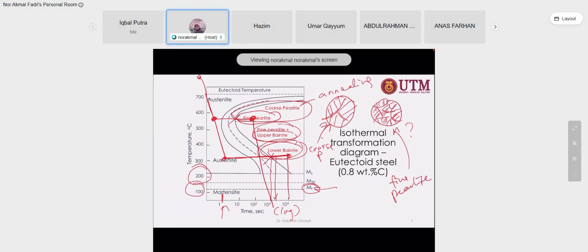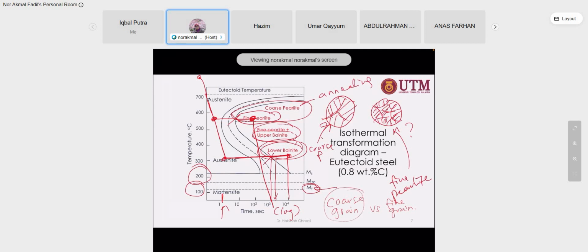If we relate to chapter 3, 4, strengthening mechanism and mechanical properties, all right, it is straightforward saying that coarse grained versus fine grained, isn't it? Am I correct?